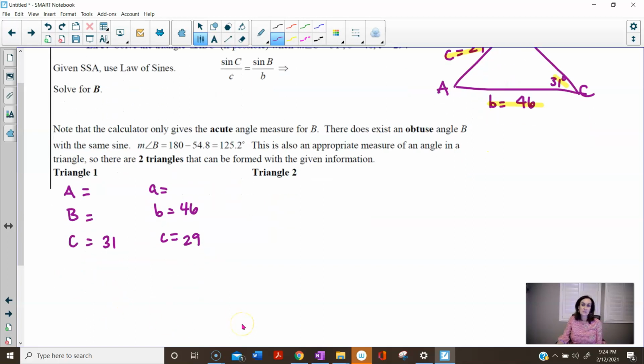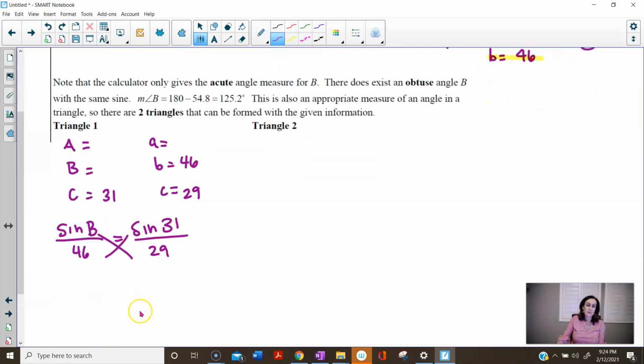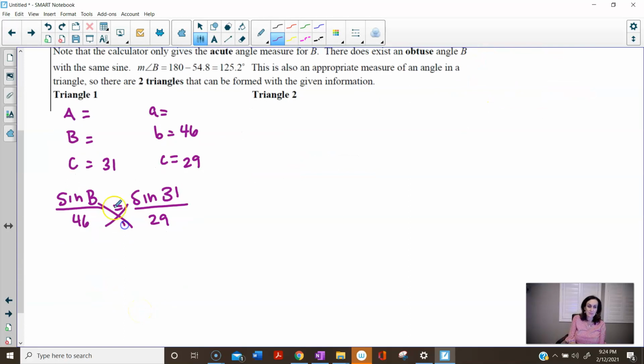So I am going to use the law of sines, and I'm going to use B's and C's. So the sine of angle B over 46 is equal to the sine of angle C, which is 31, over 29. You cross multiply. So this is going to give us the sine 29 times the sine of B.